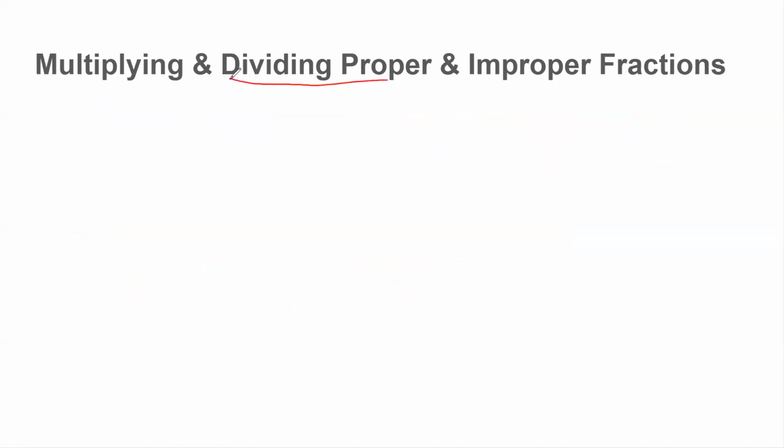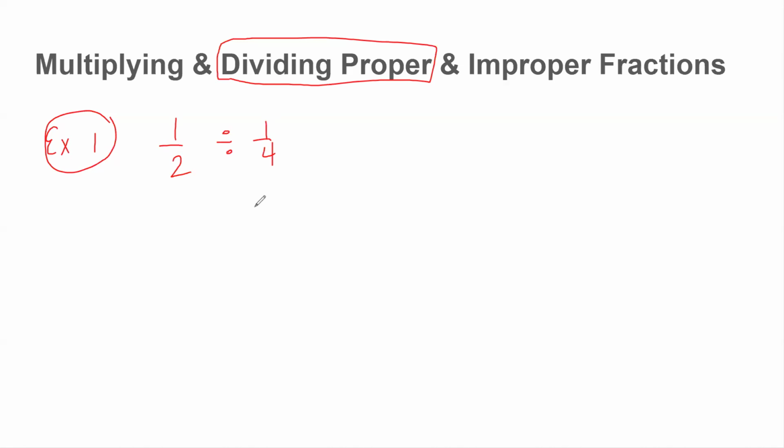Okay, let's go on to the dividing. So let's just do dividing proper for now. Example 1. Let's do 1/2 divided by 1/4. Okay, so take a second here. Let's think of a pizza, and we have a half. Let me grab my highlighter. Okay, so this green part, that's the part of the pizza that's still in the box. I don't know why I colored a pizza green, but let's just pretend.